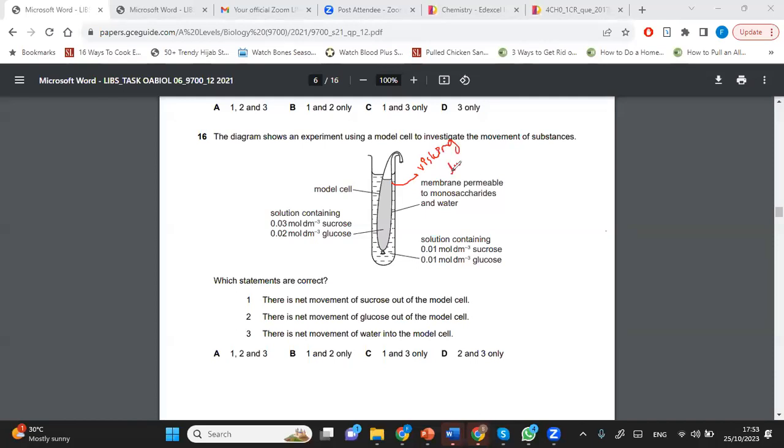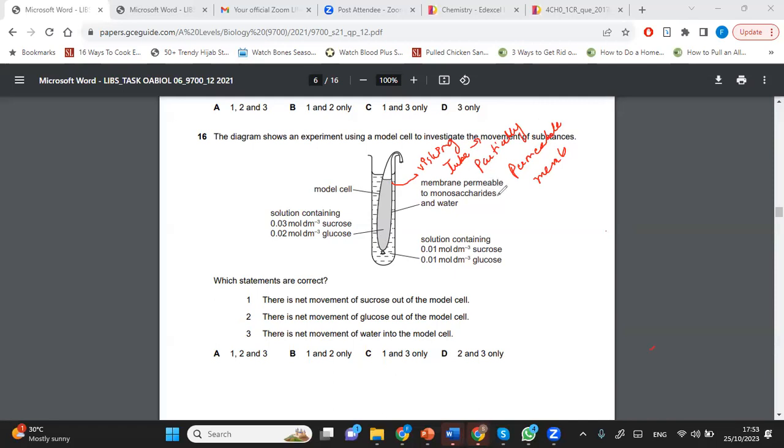A Visking tube acts like a partially permeable membrane, so it acts like a cell membrane. Think of it as my cell: the cytoplasm is inside, and the wall acts as my partially permeable cell membrane.